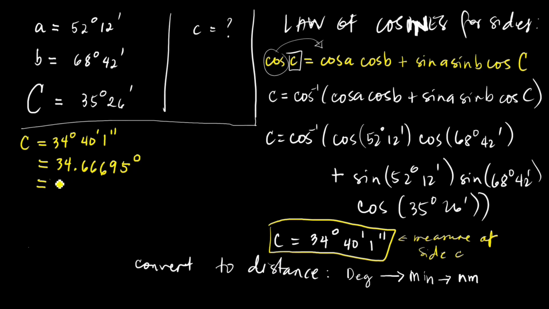Okay, then the next thing that we need to do is convert this to minutes. In converting this to minutes, we know that in 1 degree, there are 60 minutes. So you need to put the 1 degree on the denominator because you need to cancel the degree.